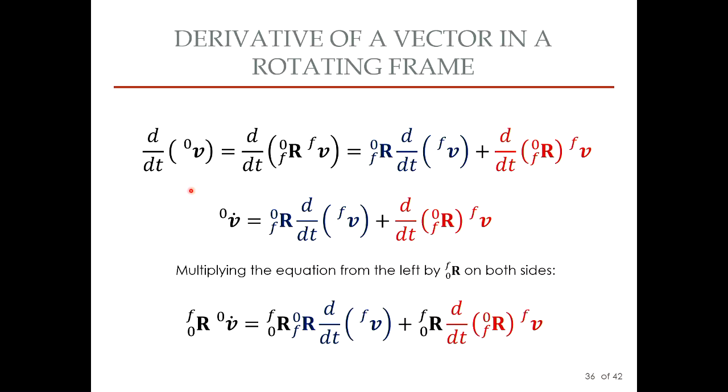So what we are going to do is multiply this equation by the rotation matrix from 0 to f. Then on the left-hand side we will get v dot in frame f.